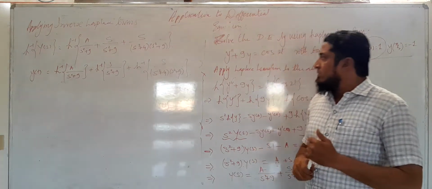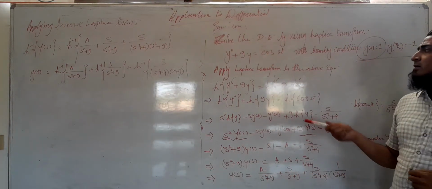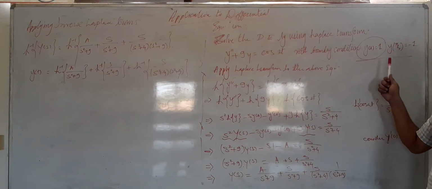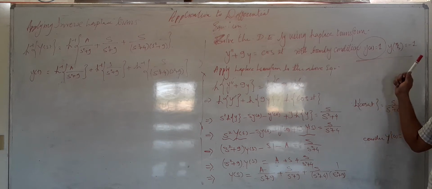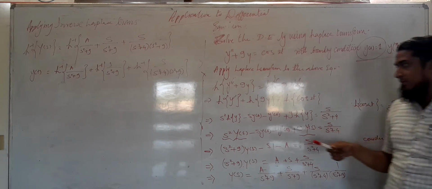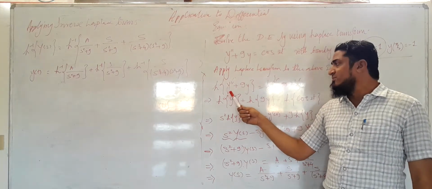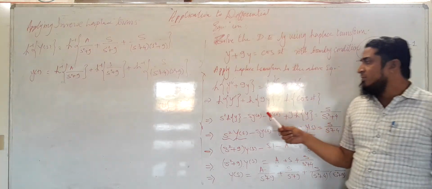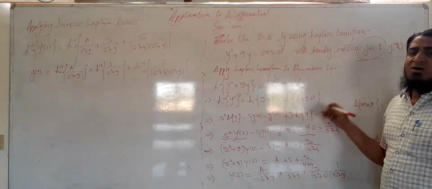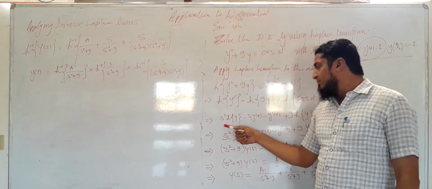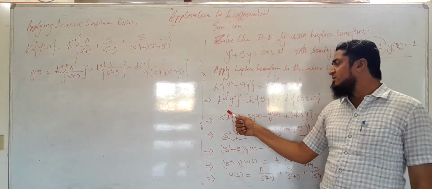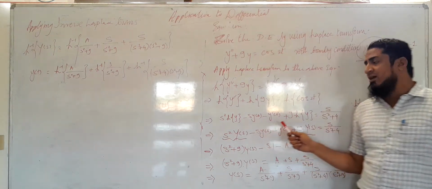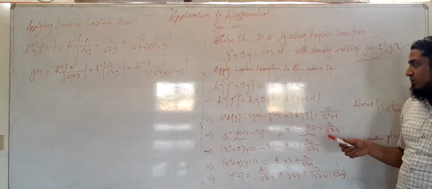Now, what we have done: we have applied Laplace transform to this differential equation, and we have been given boundary conditions y of 0 is equal to 1, y of pi by 2 is equal to minus 1. By applying Laplace transform to y double dash plus 9y is equal to Laplace transform of cos t, we have applied the Laplace transform of derivative. By using the theorem, we convert the Laplace transform of y double dash into s square Laplace transform of y minus s y of 0 minus y dash of 0.